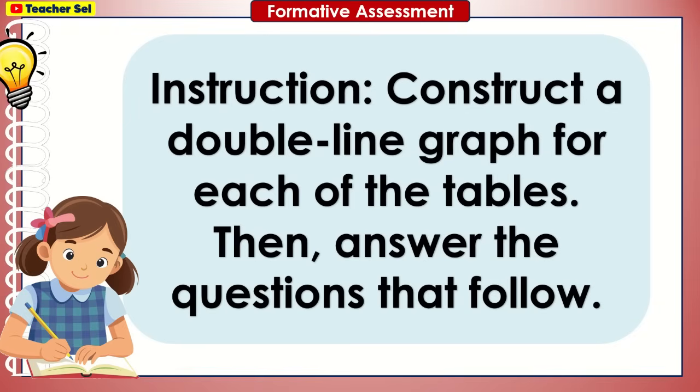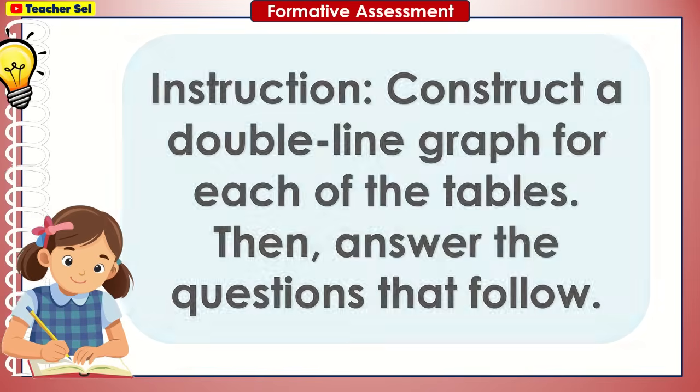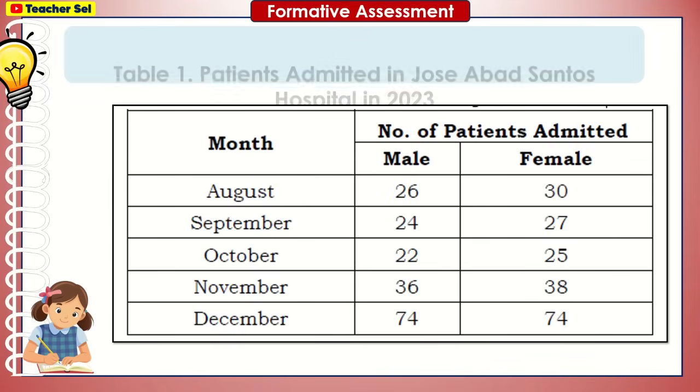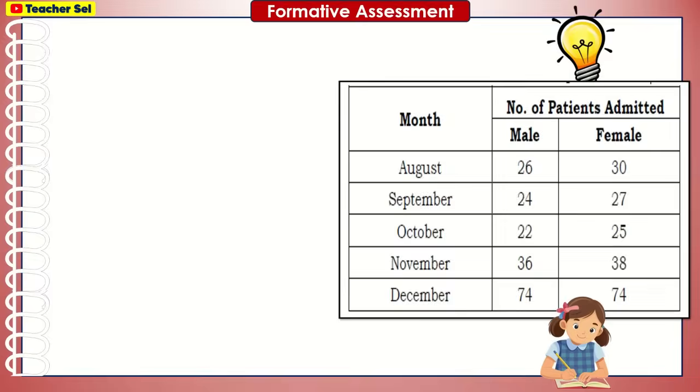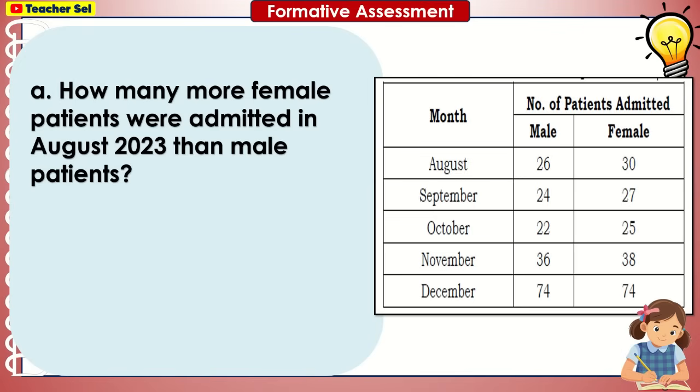Construct a double line graph for each of the tables, then answer the questions that follow. Table 1. Patients admitted in Jose Abad Santos Hospital in 2023. How many more female patients were admitted in August 2023 than male patients?